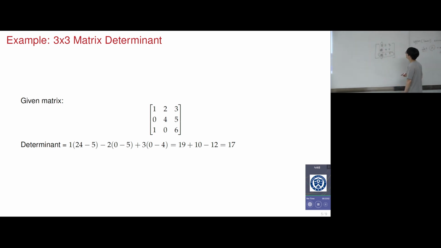And because this matrix is upper triangular, we get 1 times 6 times 4 minus 0 times 5, right? So basically 0. So what you get is actually 1 times 6 times 4. And this is just multiplying the diagonal parts, right?